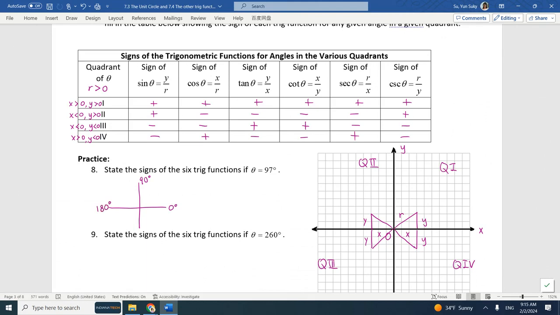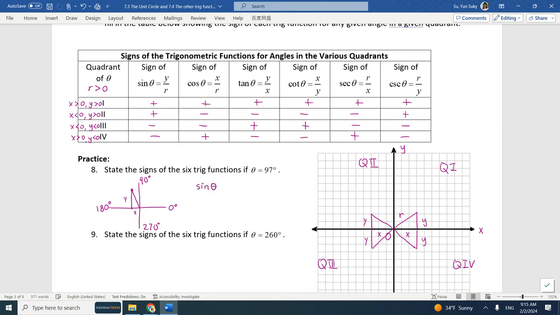How about downstairs? 270. And 97 is a little bit bigger than 90, right? Therefore, you can see the Y is positive, the X is negative, and then you can find the sign of all the 6 trig functions.